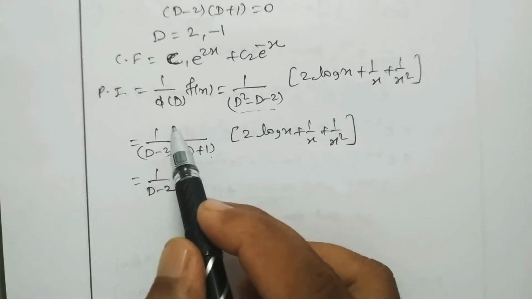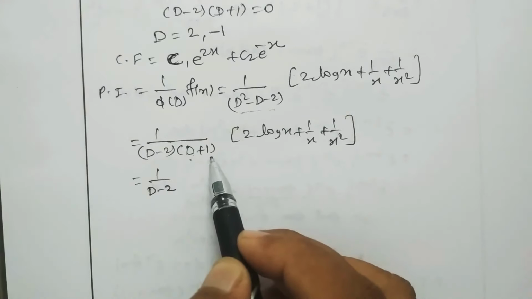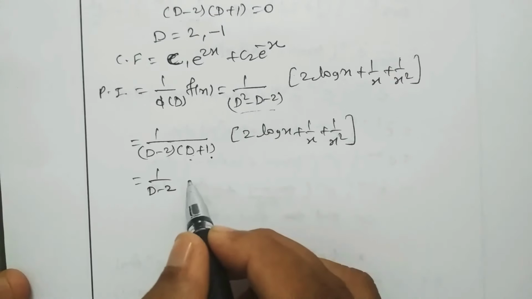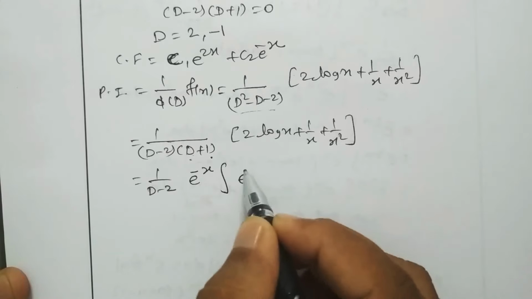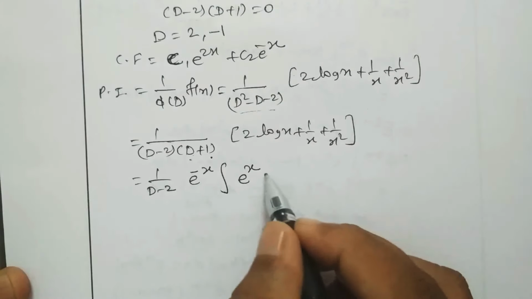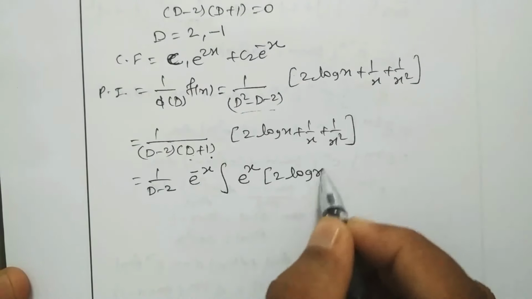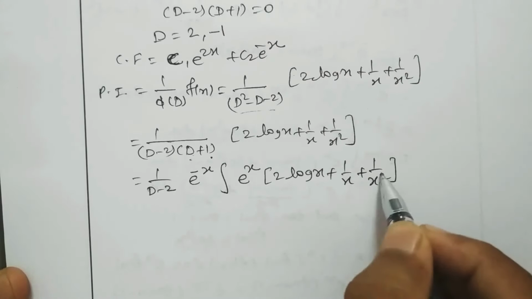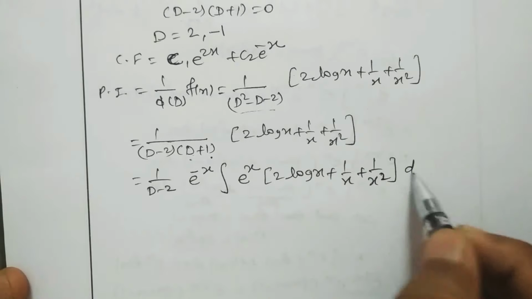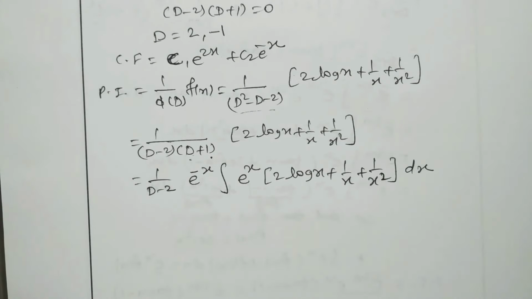By using the formula 1 upon d plus m, where the value of m is 1, this is e raised to minus mx, that is e raised to minus x, integration e raised to mx, so e raised to x into f of x, 2 log x plus 1 upon x plus 1 upon x square, into dx.